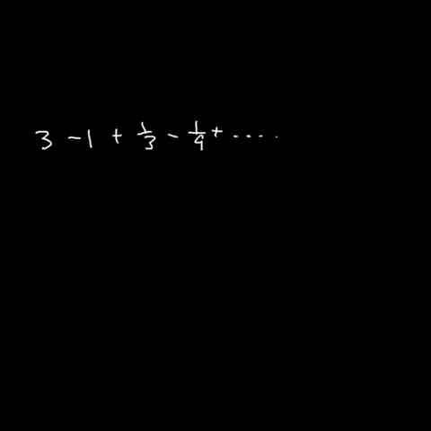So notice that the common ratio, if you want to find it, divide the second term by the first term. So negative 1 divided by 3 is negative 1/3. And if you take the third term divided by the second term, you get 1/3 over negative 1, which means that's negative 1/3. So this is a geometric sequence.